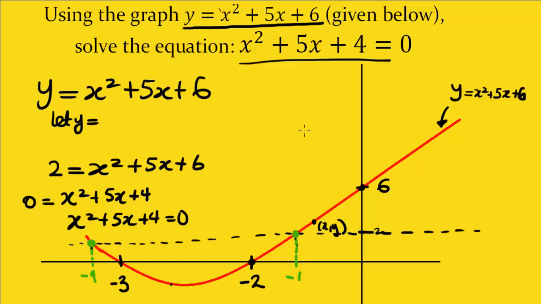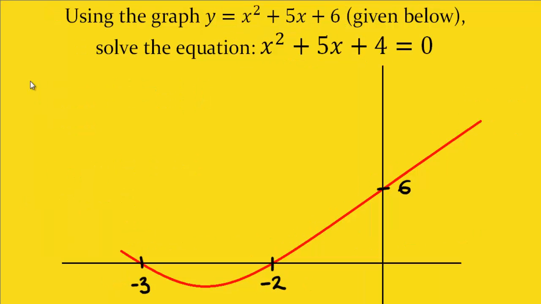And what I'm going to tell you now is that the solutions to this equation are x equals -1 and x equals -4. I knew that y equals 2 would give me a solution to this problem. But if you're just given this problem, you are going to solve it without knowing anything beforehand.